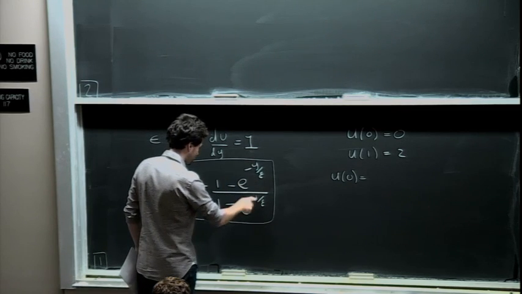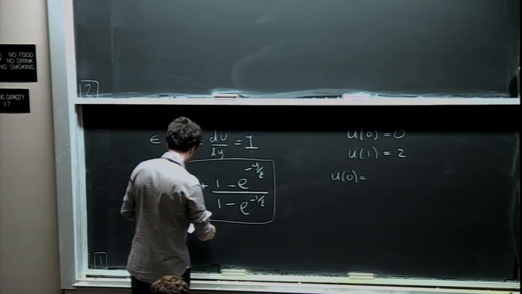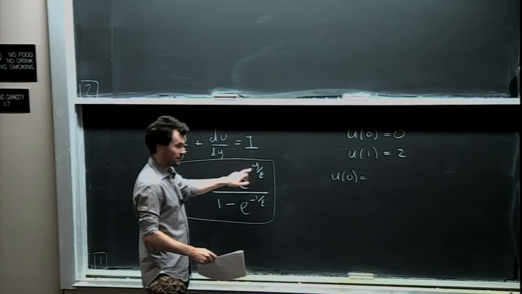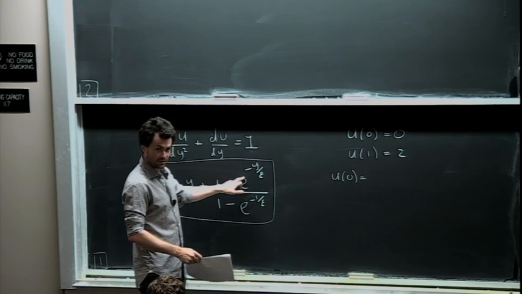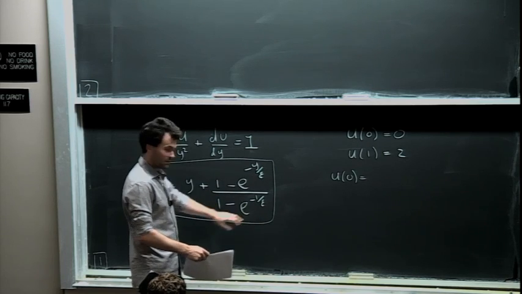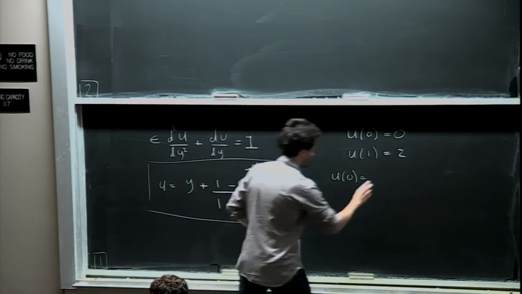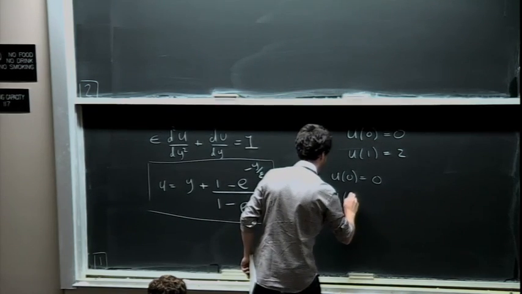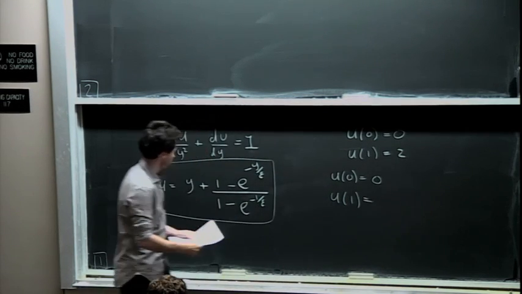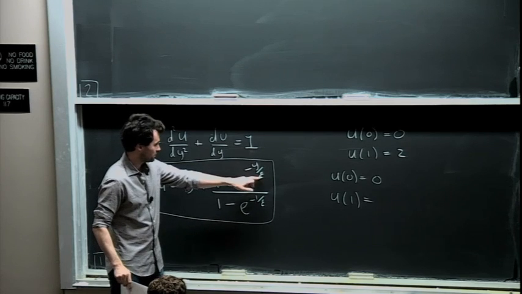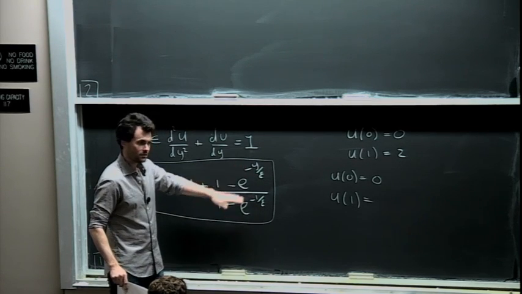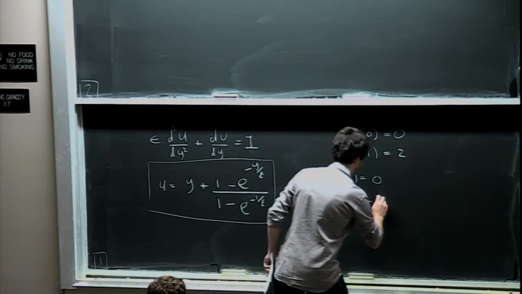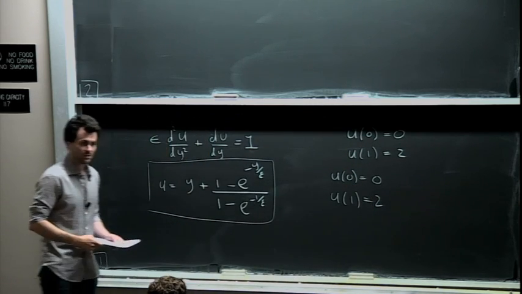Here we have e to the minus 0, which is 1, so the top is 1 minus 1, which is 0. Never mind the bottom bit. So there we go, 0. Good. How about 1? Now we have e to the minus 1 over epsilon, e to the minus 1 over epsilon. These two are the same, so this whole thing is 1 plus 1 is equal to 2. Okay. So it satisfies our boundary conditions.